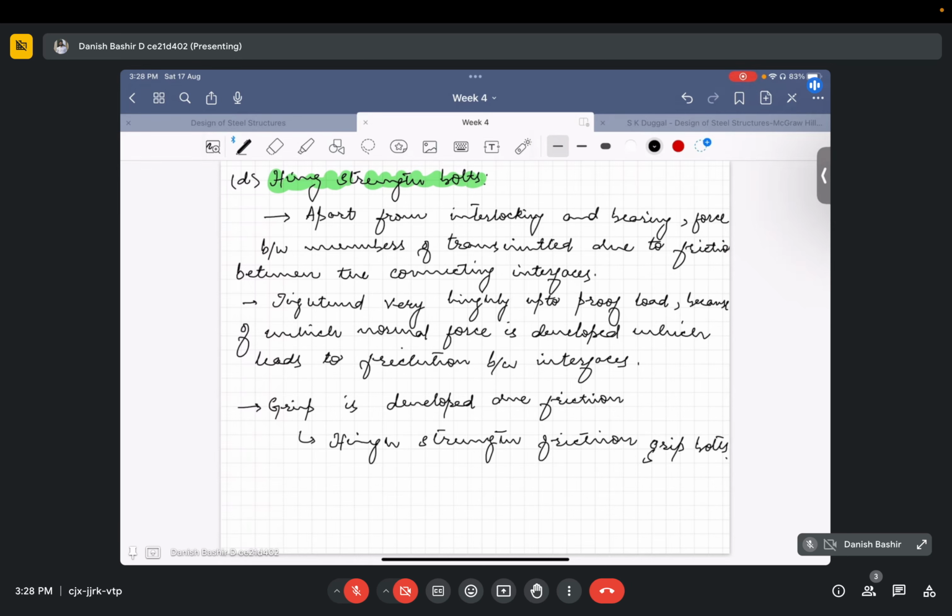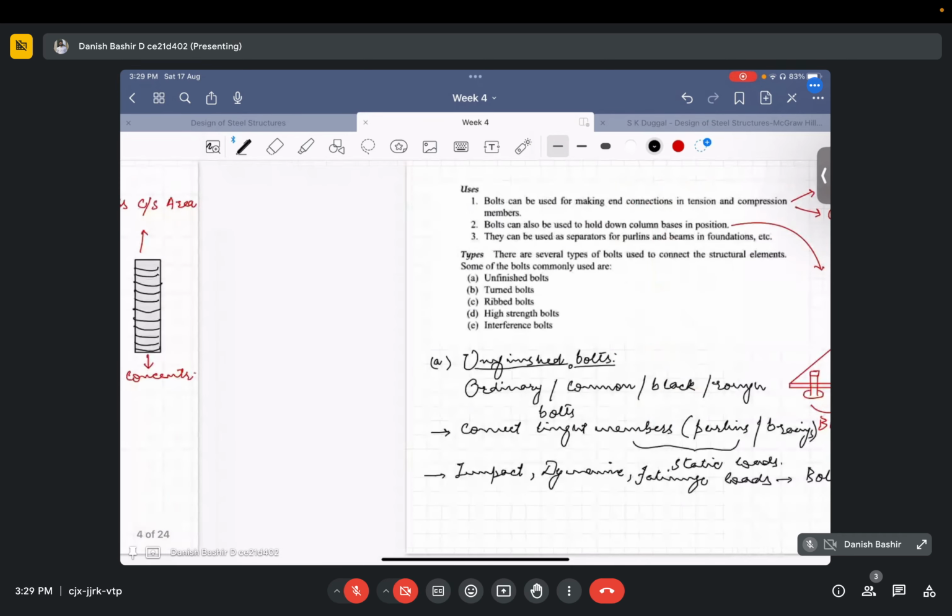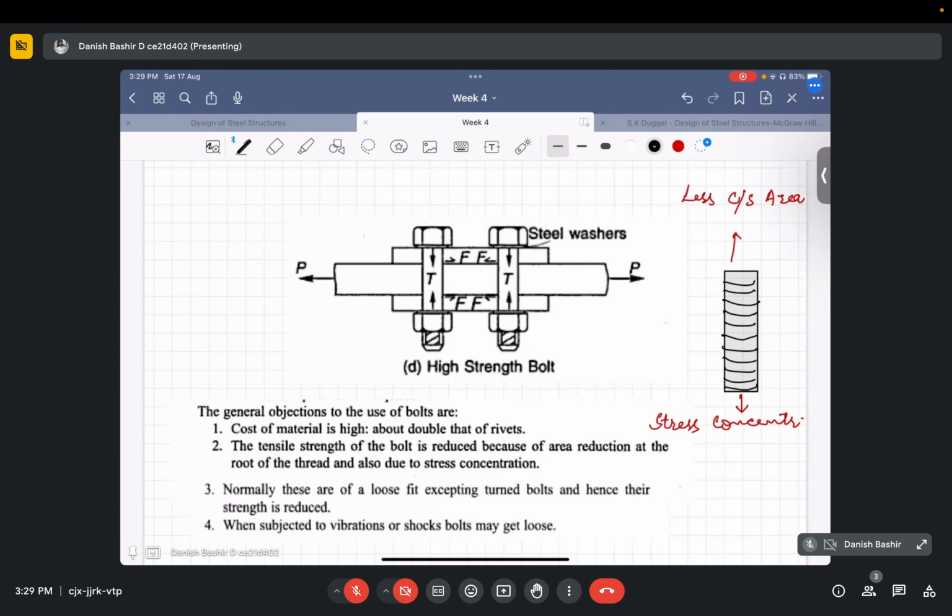There was a figure I had attached in my PPT. Here we can see this high strength bolt and the principle of working.